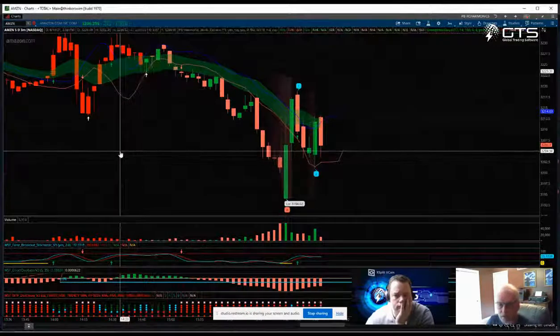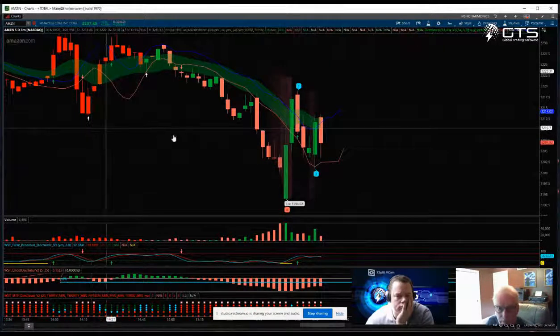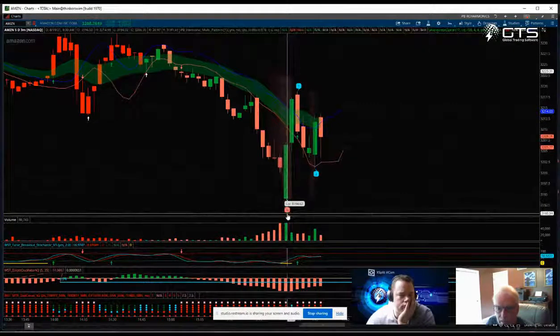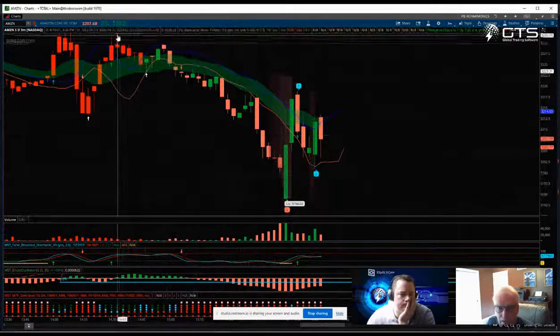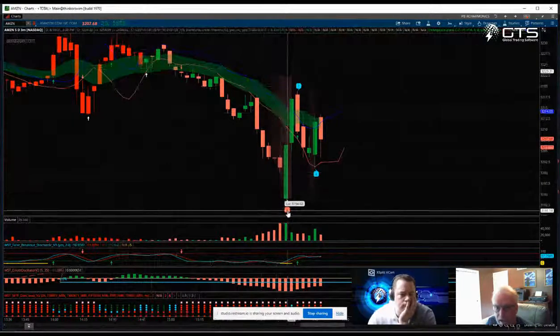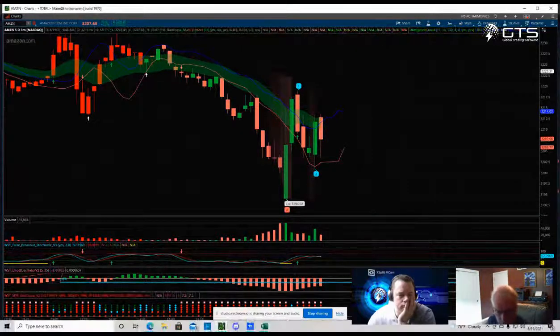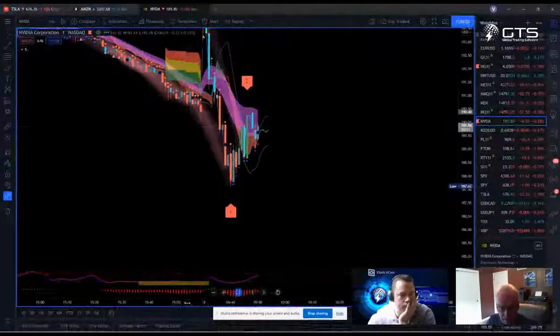One of the things I do, going back to Paul's rules and observations for Elliott wave, let's pretend that this A here was a wave 3. I will measure from the 2 to the 3. And when I get into a trade, now I'm going to bounce back over to TradingView.